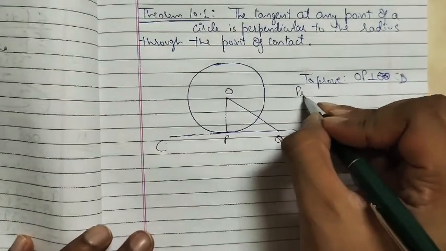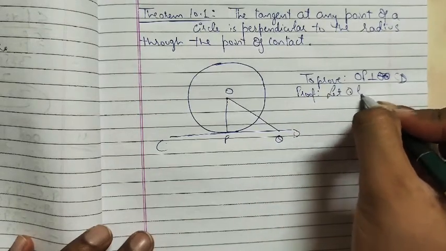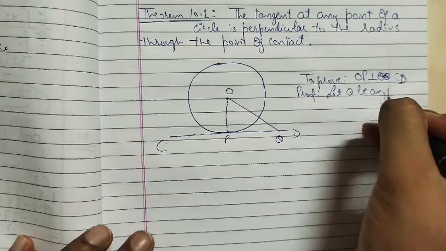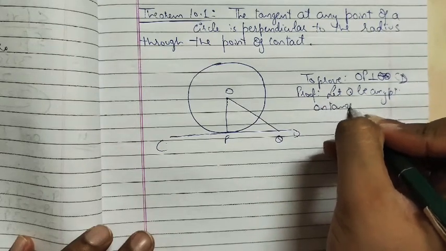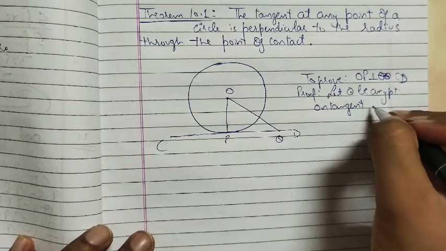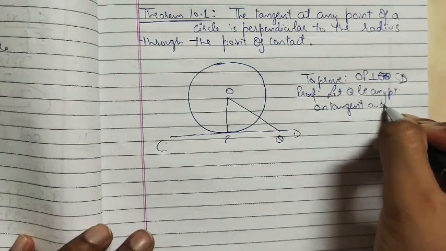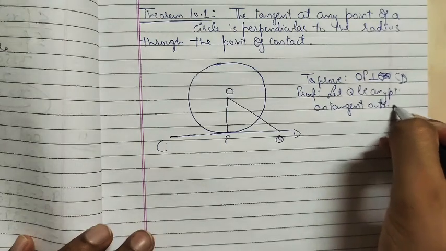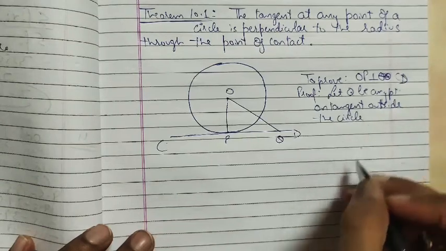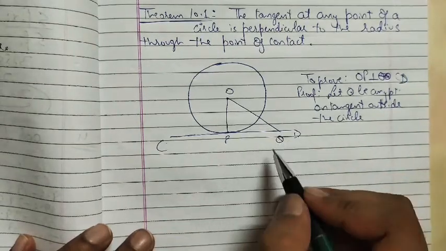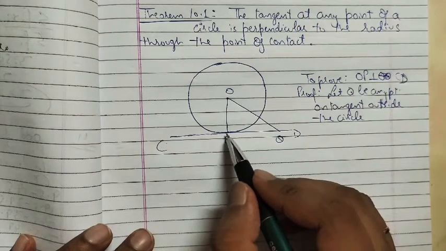So proof. Now let Q be any point on the tangent, outside the circle, and P is the point of contact on the circle.